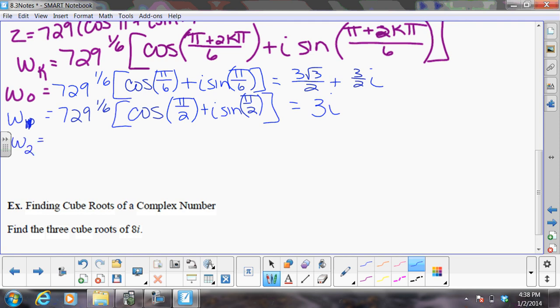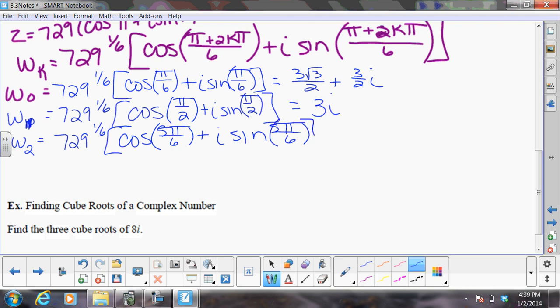All right, now I'm doing w sub 2. 729 to the 1/6. So I plug in 2 for k. I get pi plus 4 pi, which is 5 pi. So this is 5 pi over 6. And you get negative 3 radical 3 over 2 plus 3/2 i.